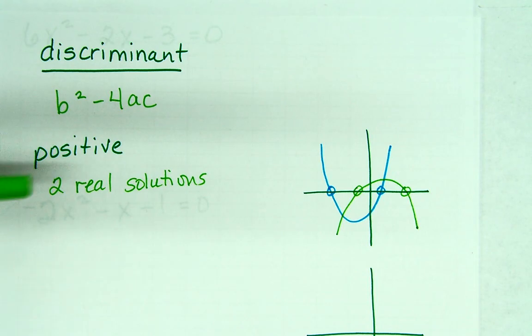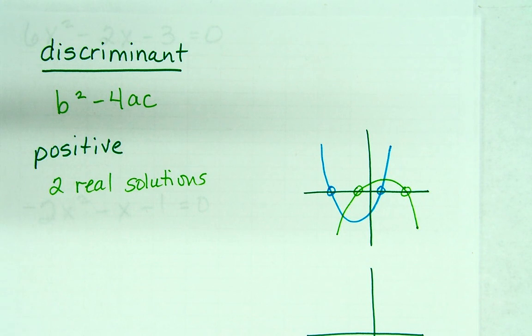Today we're deciding what kind of discriminant I have, and from that I know how many and what type of solutions. That's our goal today. Does that make sense?